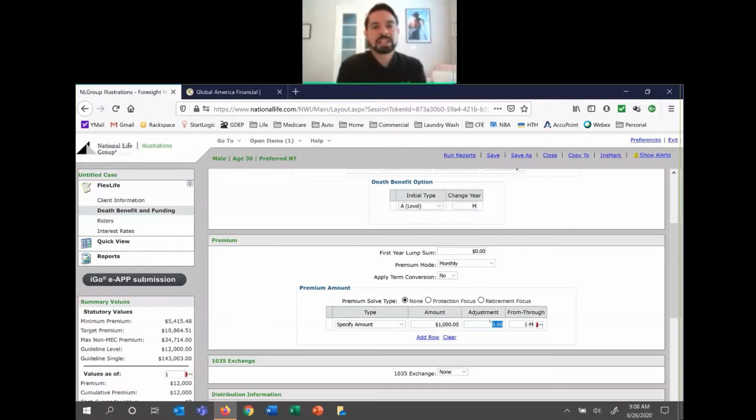The goal is to max fund it as much as possible with as much cash to really see the value and growth in this solution. Let's put this through retirement age like we always do. So we start with year 1 through age 65, and that's what the A65 means, through age 65.